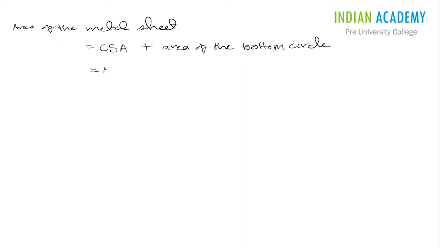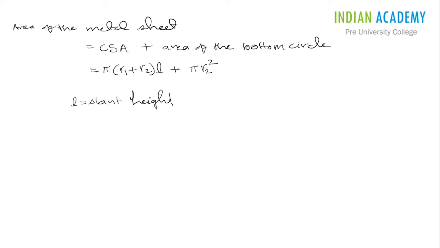It is pi (r1 plus r2) into L, plus area of the bottom circle, pi r2 squared. Please note it is r2 squared, not r1 squared, the area of the smaller circle or the bottom circle. But here we know r1, we know r2, but we do not know L. What is L? L is the slant height. So first we will find the slant height.